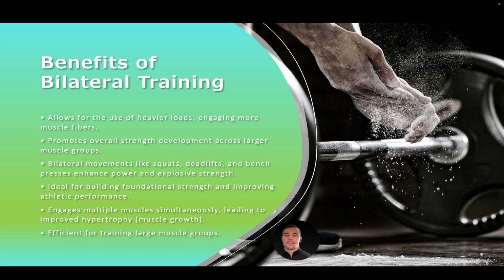So again, bilateral focuses on both sides of the body, using a lot more larger muscle groups. And it's a more intense type of exercise. We're focusing more on hypertrophy, muscle growth, and the performance aspect of things with bilateral training.